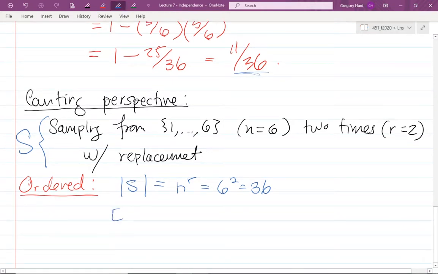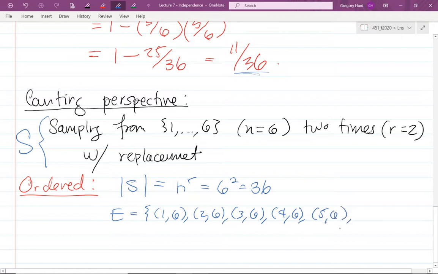And E was we get at least one 6, right? So the second one could be a 6: 1/6, 2/6, 3/6, 4/6, 5/6, 6/6. Of course, we could get two 6s, or we can get a 6 as the first roll and not the second one.